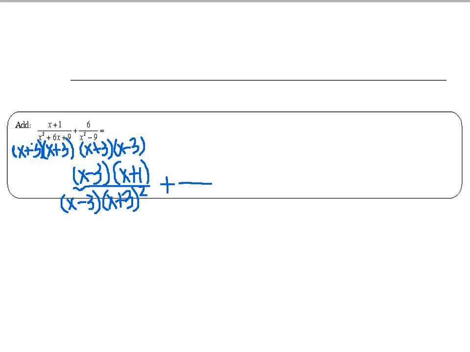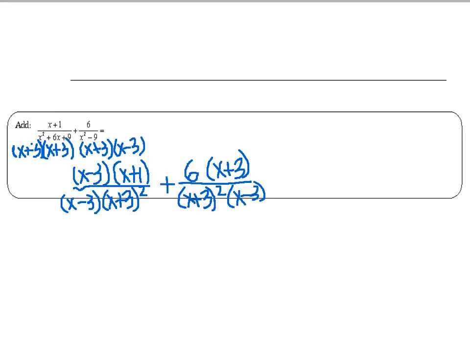Plus, on the other side, I've got 6 on the top already, but I need another x plus 3, because I need to multiply the top and bottom of this one by the x plus 3 that's missing. So x plus 3 times another x plus 3, remember, would be x plus 3 squared. And then I've still got that x minus 3. So even though I wrote them in the opposite direction, we've still got common denominators here.